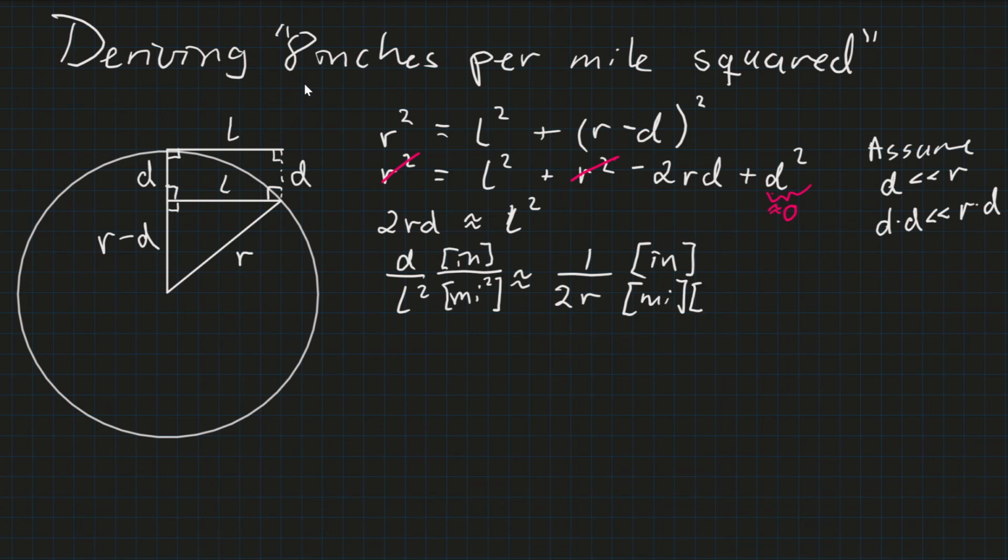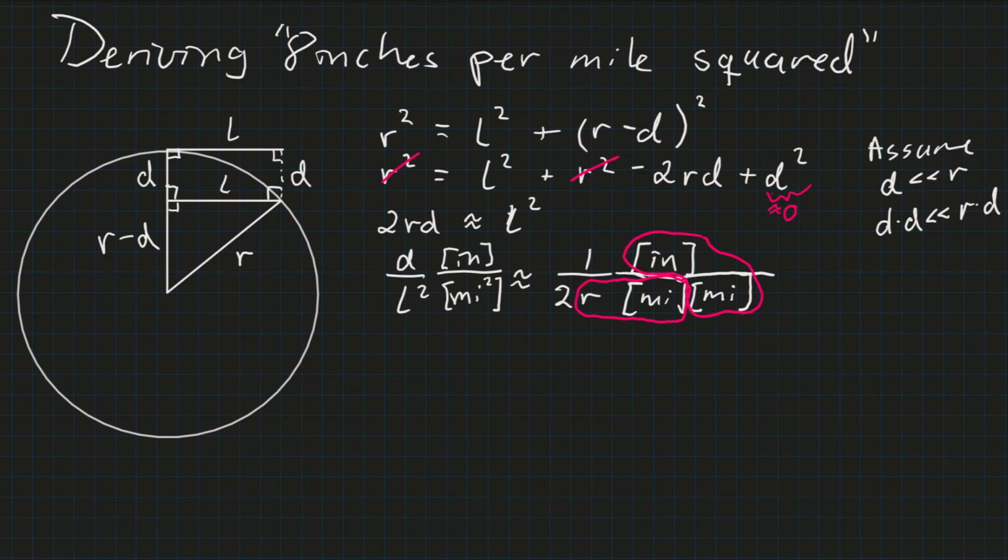And I'm going to split up the mile squared here. You'll see why. And like so. So from the way I've written it, we recognize that inches per mile, that's a fixed number, right? That's a given, how many inches there are in a mile. And this number, the radius of the Earth in miles, that's also a number we can look up.